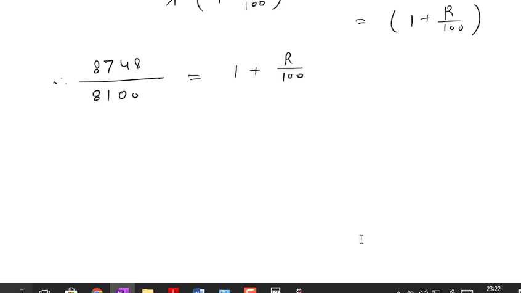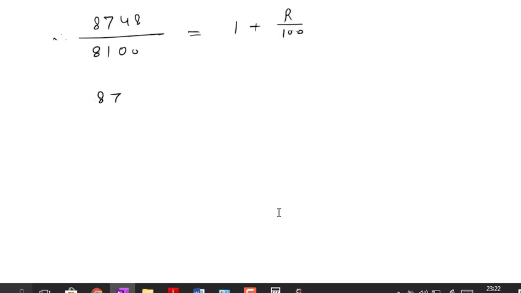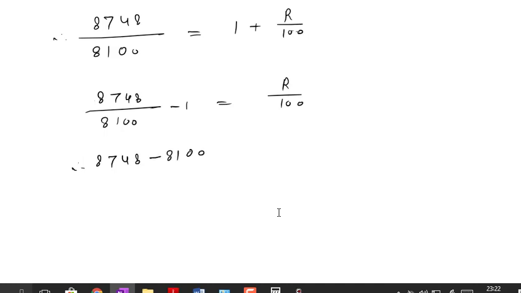First I move this 1 to the left hand side. So I get 8748 upon 8100 minus 1 equal to R upon 100. Therefore 8748 minus 8100 upon 8100 is equal to R upon 100.